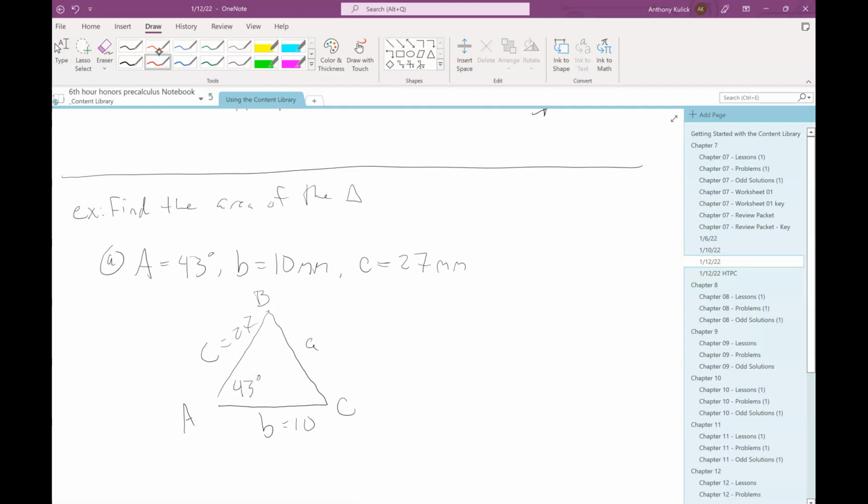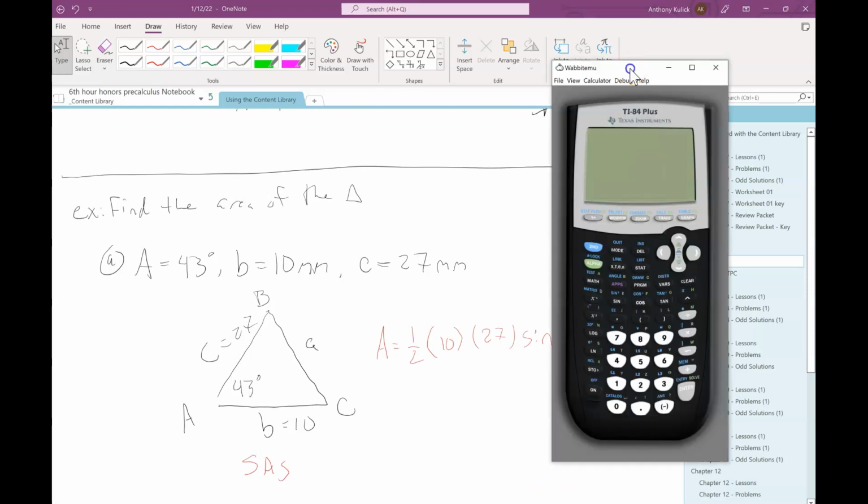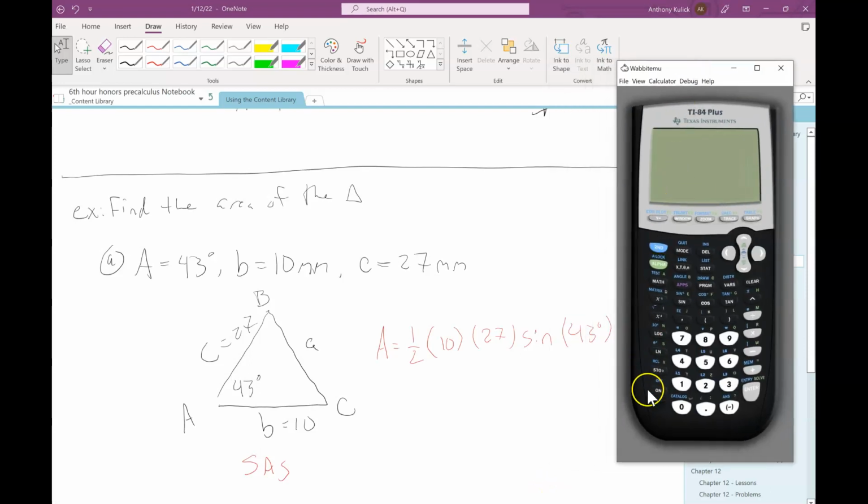What situation are we in? Side angle side. So we'll just use that first area formula. So 1/2 the two given sides times sine of the included angle. And just calculator time at that point.